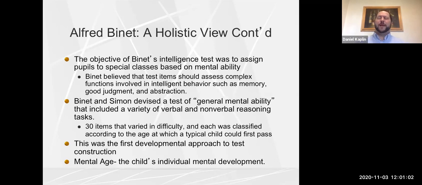And he felt that mental abilities included memory, judgment, abstract reasoning, and their test of general mental ability, as it was first called, was a 30-item test that increased in its level of difficulty so that they could find a cutoff score for you. And what they did was they linked the question number to a child's age.